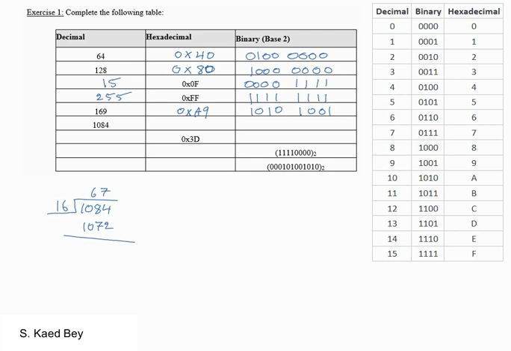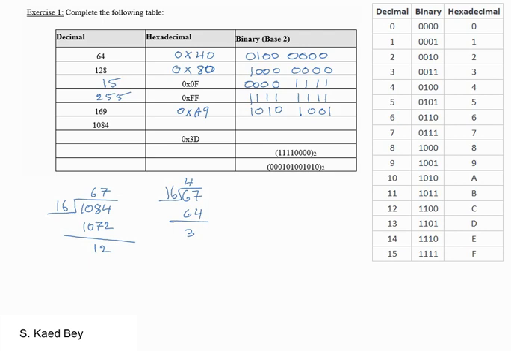So the remainder here is 12. We take the 67 again, divide by 16. This will give us around 4. This is 64.